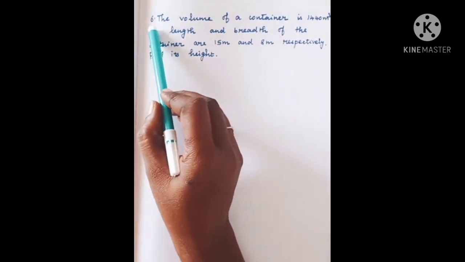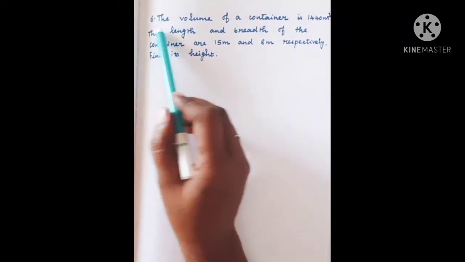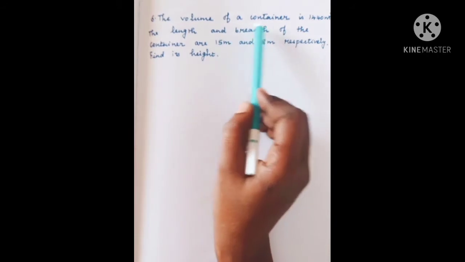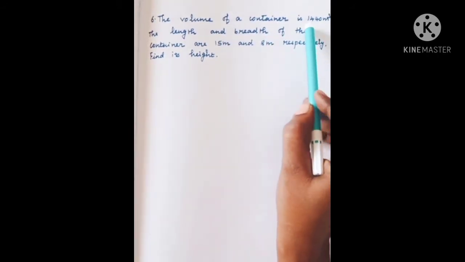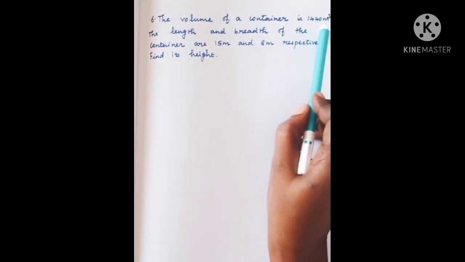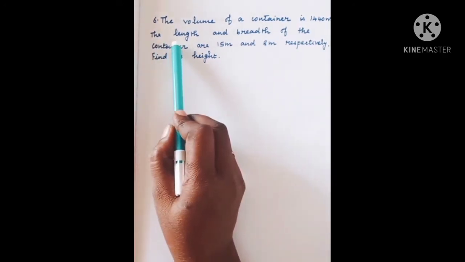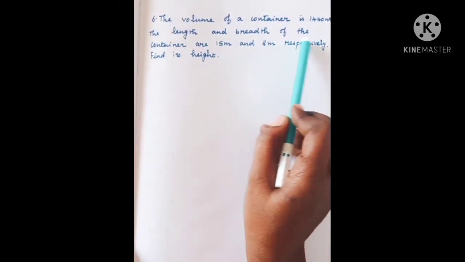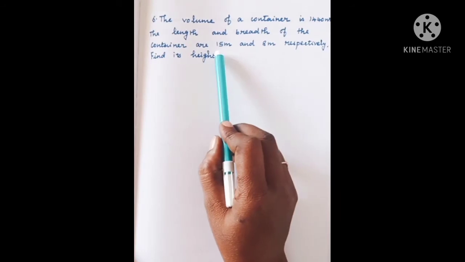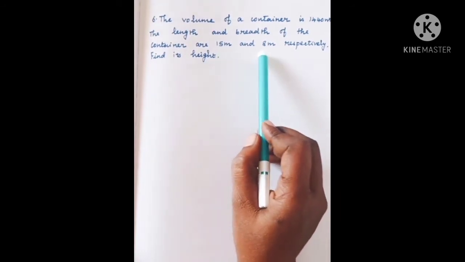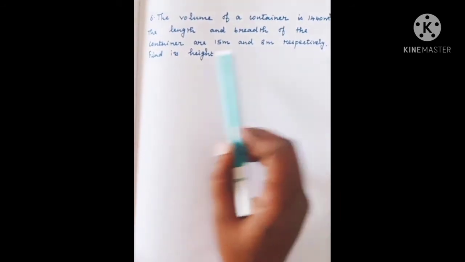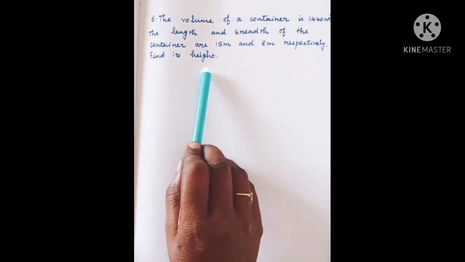Exercise 7.3, sixth problem. The volume of a container is 1440 meter cube. The length and breadth of the container are 15 meter and 8 meter respectively. Find its height.